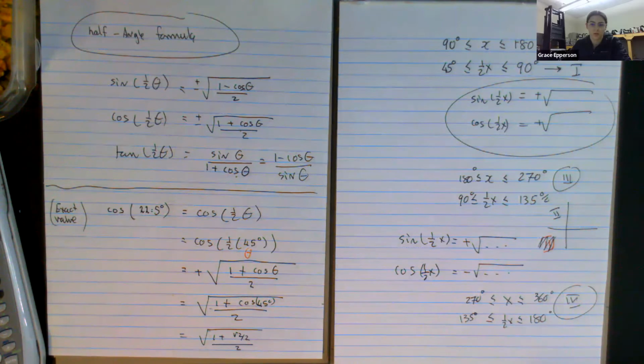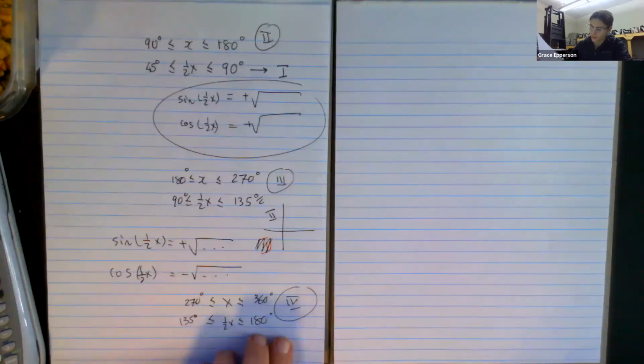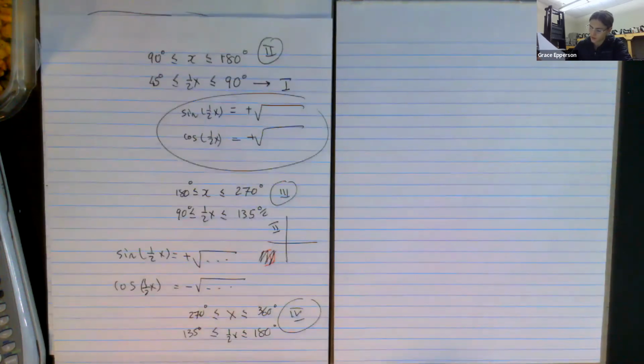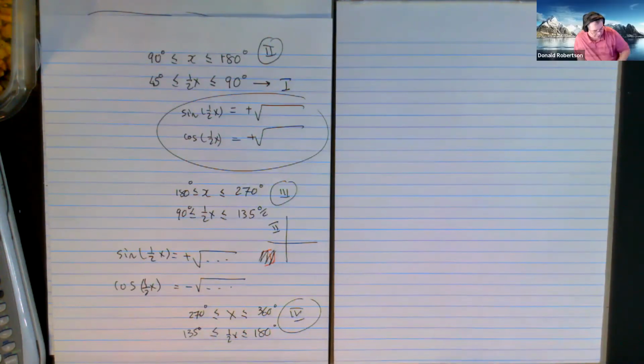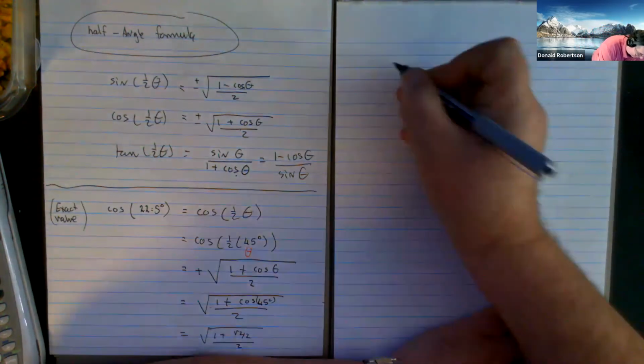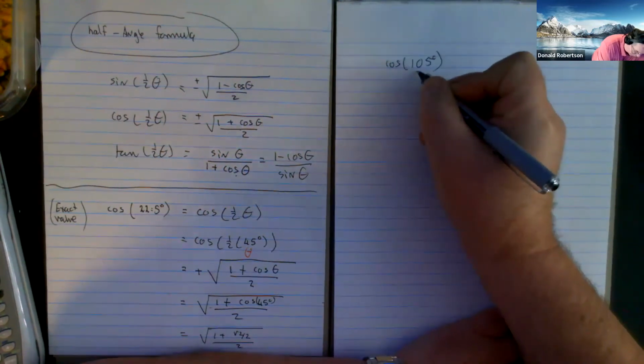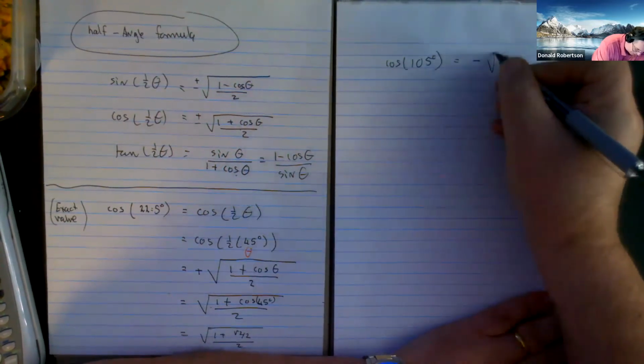Okay, so it was a little bit different with the example problems we did in class, when it was just like the cosine of 105 and we knew that the answer would be negative. That's because you already know the number you're trying to find, right? So if somebody says the cosine of 105, I know what quadrant that's in, so I know it's going to be a negative answer.